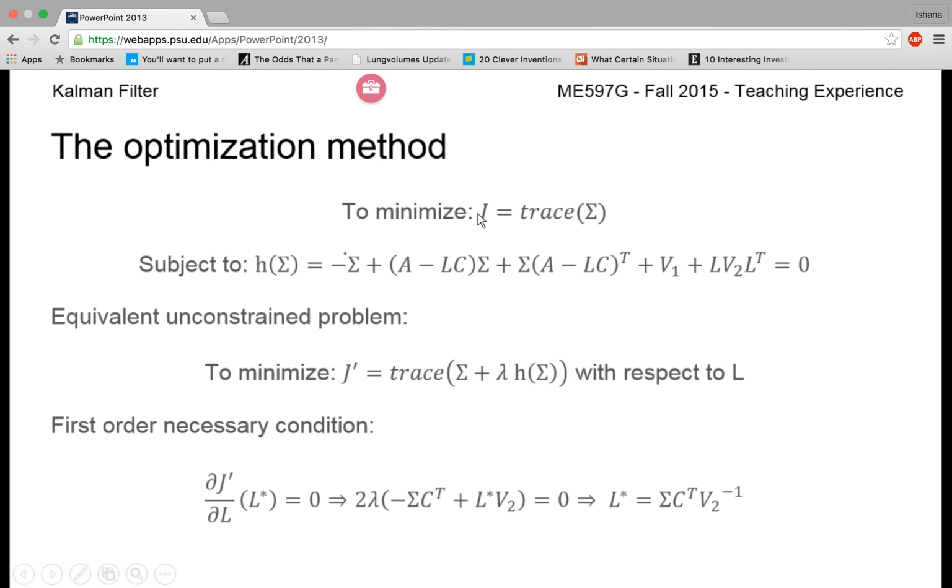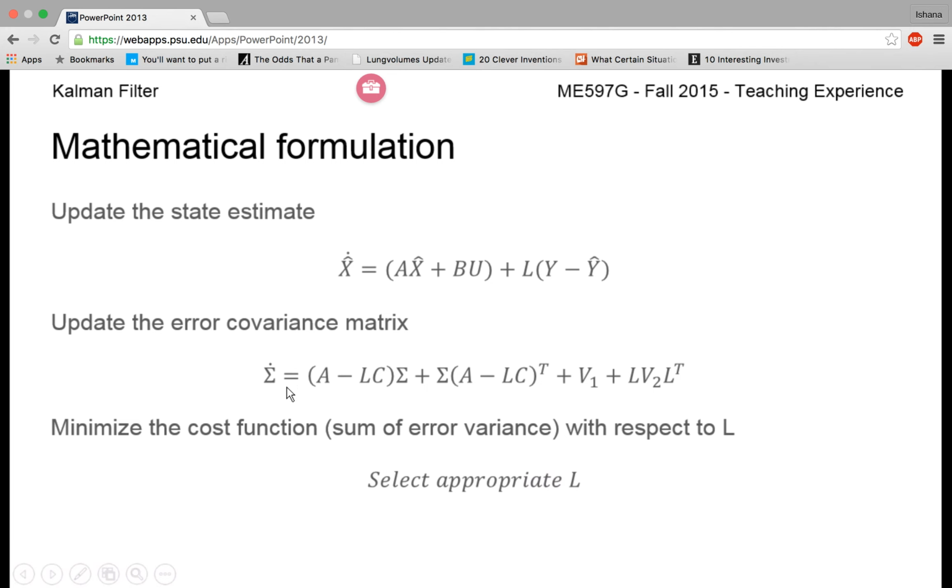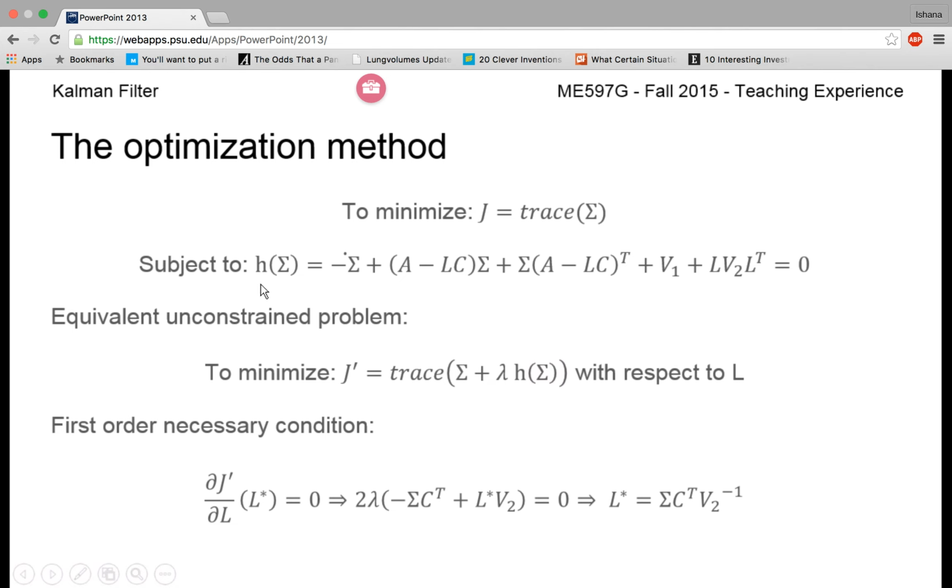So essentially, our objective function is J equals trace of epsilon, which is the error covariance matrix. And trace was essentially the sum of all diagonal terms. It is subject to this constraint in epsilon, which we get from this relation. So we reduce it to an equality constraint, which is H of epsilon equals 0.